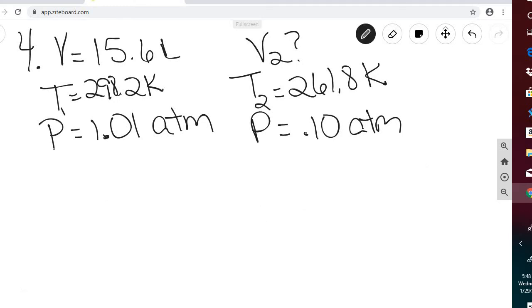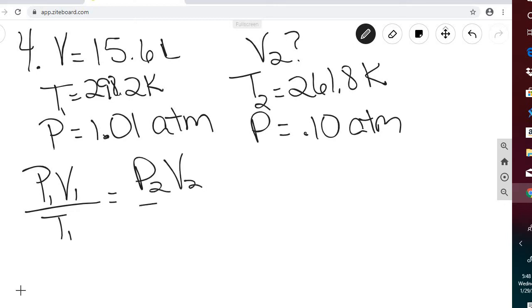So combined gas law, P1 V1 over T1 equals P2 V2 over T2. Okay, so we just want to get that V2 by itself, so multiply both sides by T2. Multiply it, so it's going on the top over there.